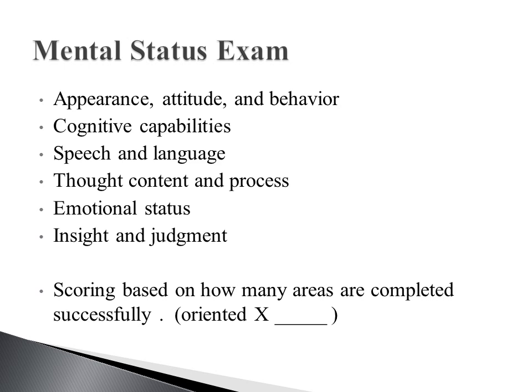Scoring is then based on how many areas are completed successfully. Depending on the version of the mental status exam you're using, points are awarded for how well a client responds to a question.